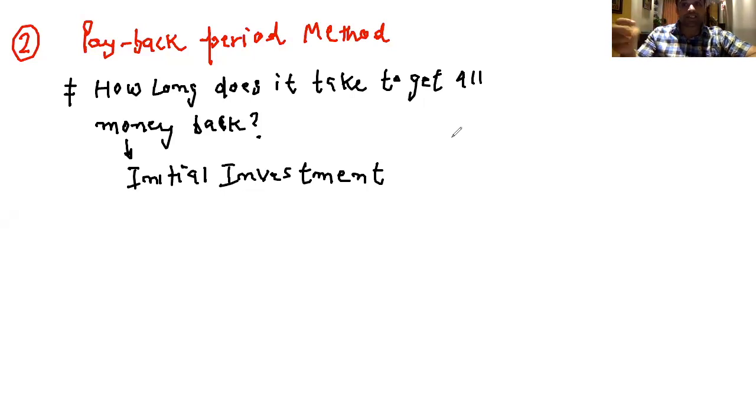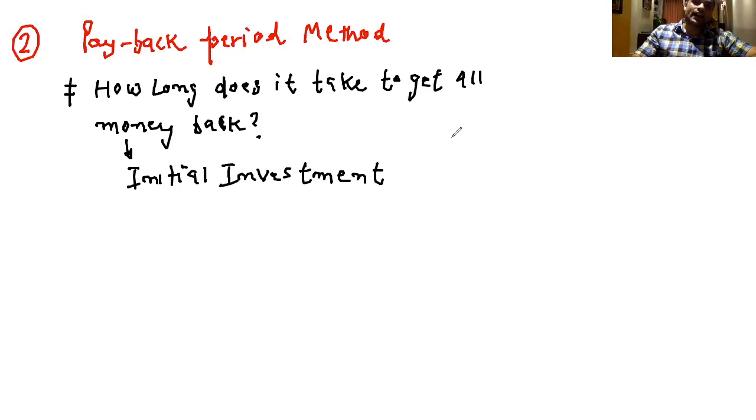That project will take 2 years because we invested $10,000 and every year we are earning 5,000. So after 2 years, we will be able to recover all the initial investment. However, for the other project, we are returning $2,000 on 10,000 invested, so it takes 5 years to recover the money.